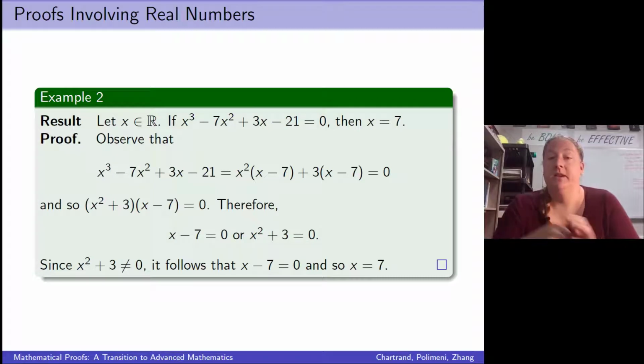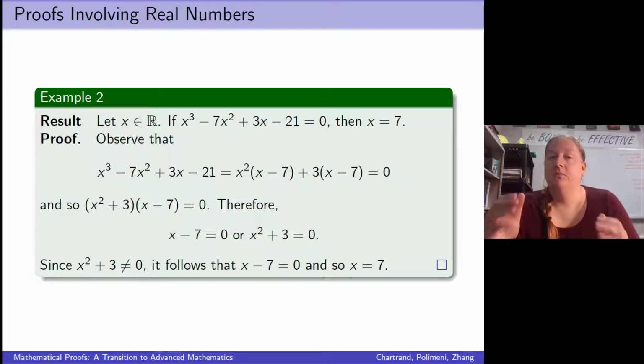Now, using the previous result that if x times y equals 0, then x equals 0 or y equals 0, I can set both x squared plus 3 equal to 0 and x minus 7 equal to 0. Now, notice that x squared plus 3 equals 0 implies that x squared equals negative 3.